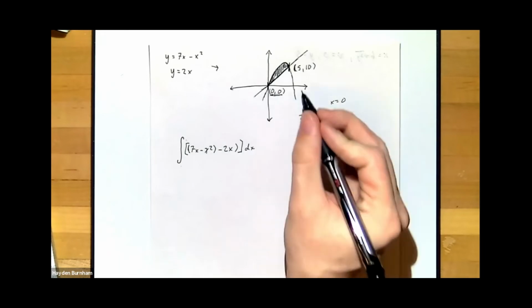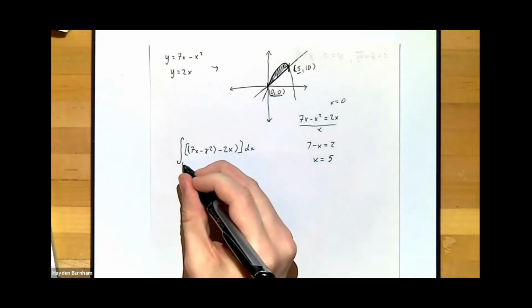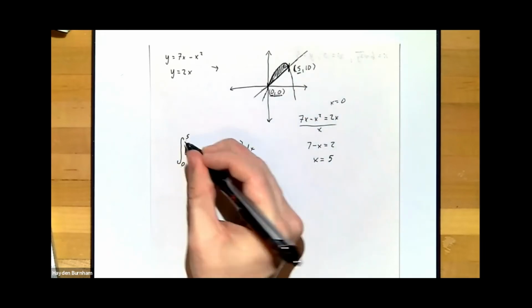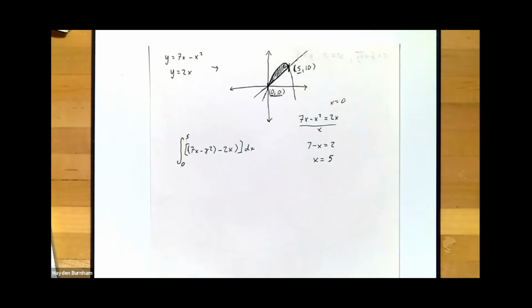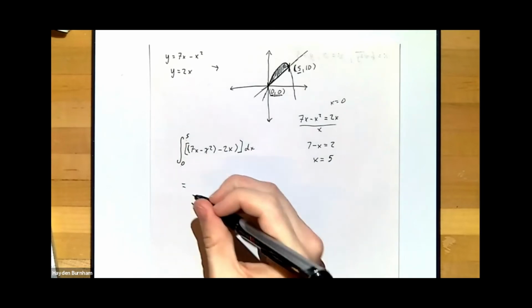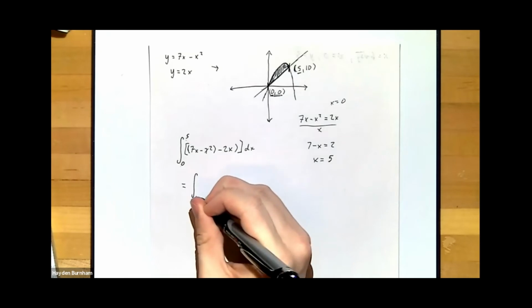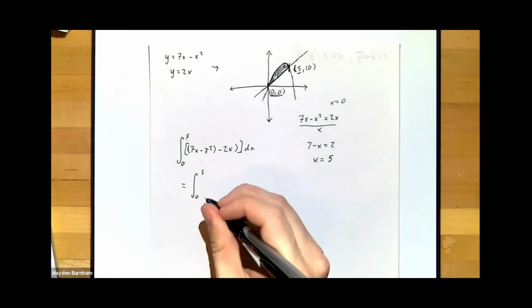I'm just taking the x values though, so we're going to go from 0 to 5. From here, it's pretty straightforward.